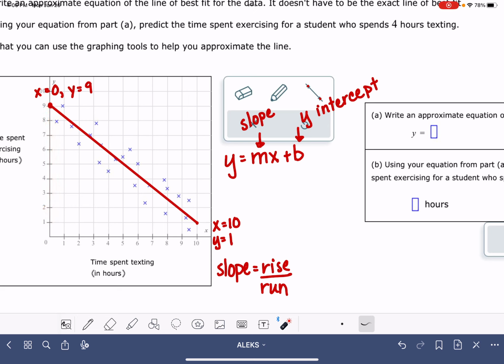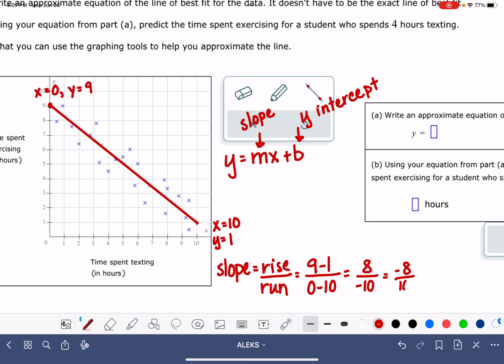So my rise goes from y equals 9 down to y equals 1, 9 minus 1, which is 8. And the run of my line goes from x equals 0 over to x equals 10. So the slope of my line is going to be 8 over negative 10, or negative 8 over 10, which simplifies down to negative 4/5.